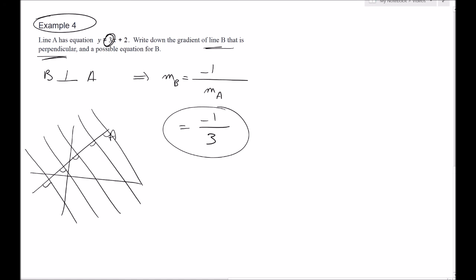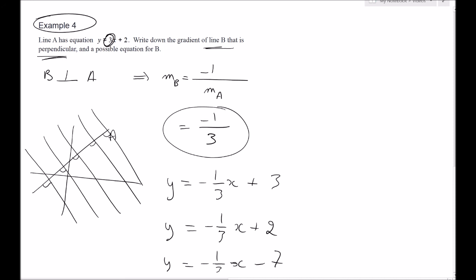It doesn't matter. So I am going to write down the equation for B, and y is equal to minus 1 over 3x. You know what? I can say plus 3. Or y is equal to minus 1 over 3x plus 2. Or y is equal to minus 1 over 3x minus 7. And so on, and so on. It really does not matter. Good luck on the exercises, guys.